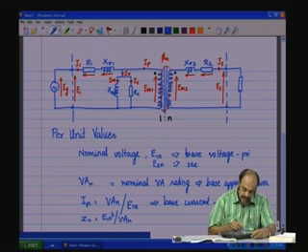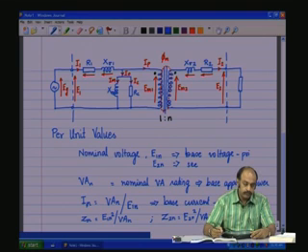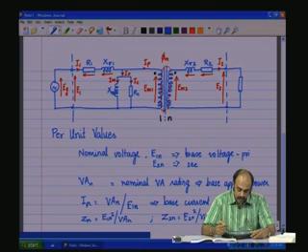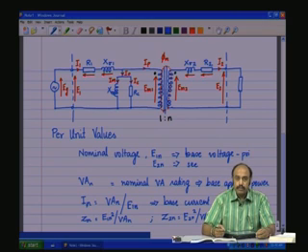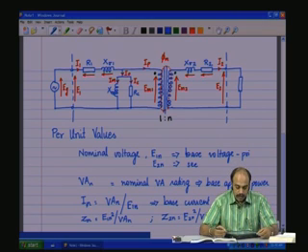If it is for the secondary side, that is, if we say this is Z1n and Z2 nominal, the base impedance on the secondary side would be E2n square by VA nominal. These could be taken as the base values to obtain the per unit values of the transformers.